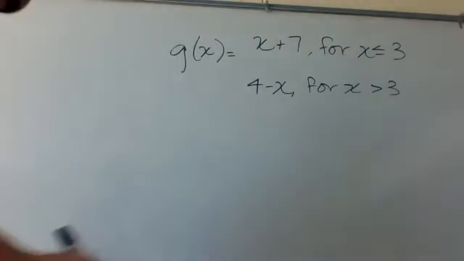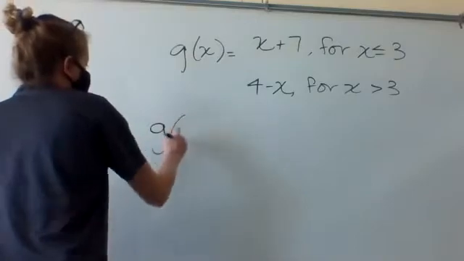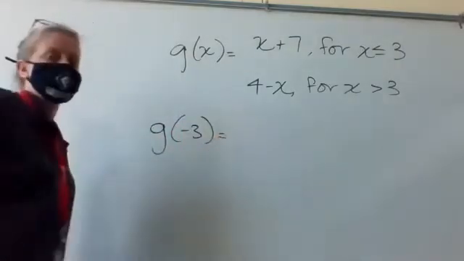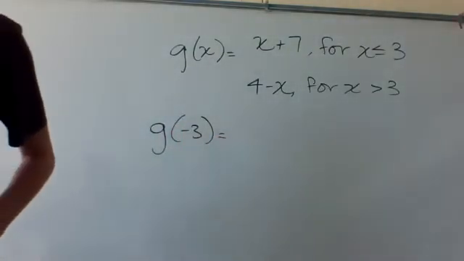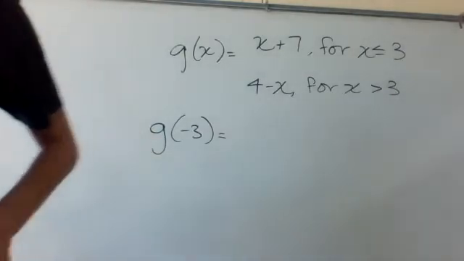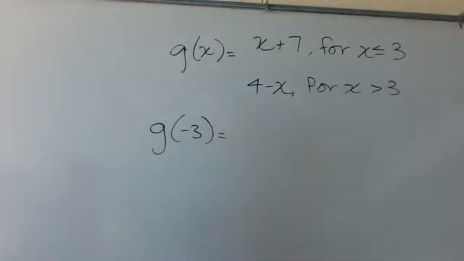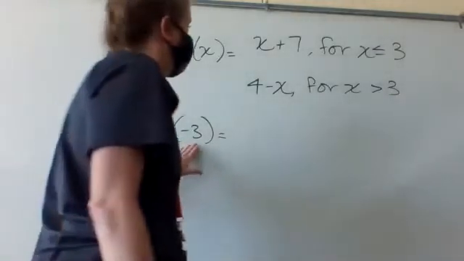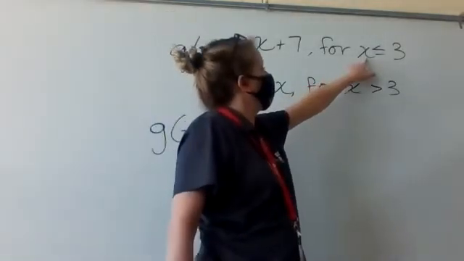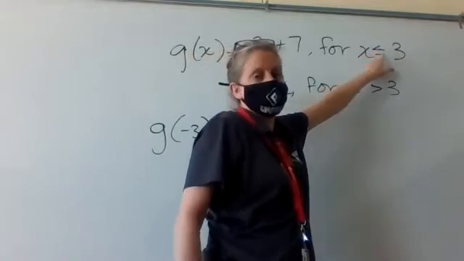The first thing we're going to find is g of -3. So we need to go find what piece that fits into and then actually plug it into that piece. So let's see, g of -3: is -3 less than or equal to 3?